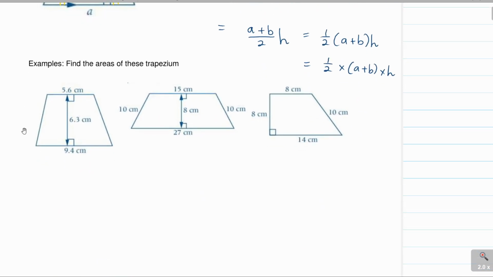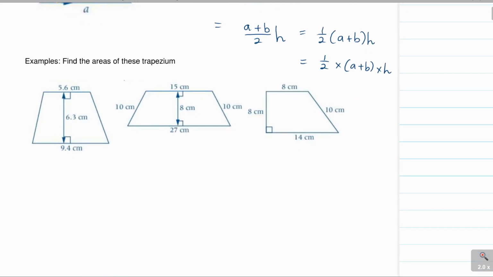So let's look at these examples at the bottom. Here we could have two triangles, and that rectangle in the middle. Okay, so if you wanted, you could find the area of these two triangles and the rectangle and add them, or we use the formula.